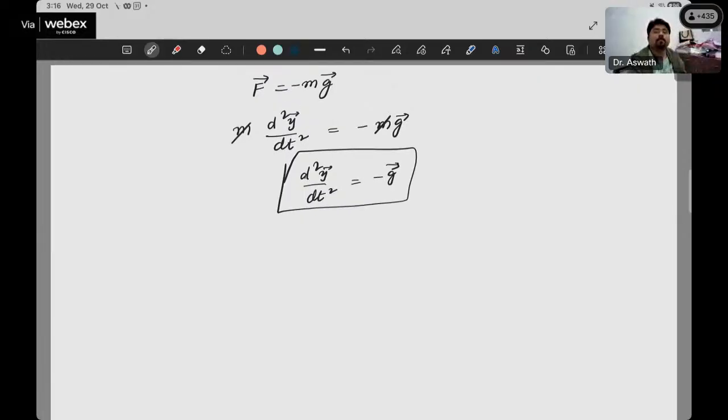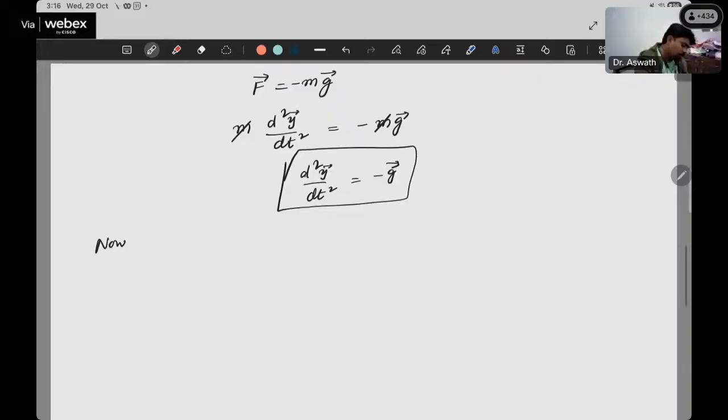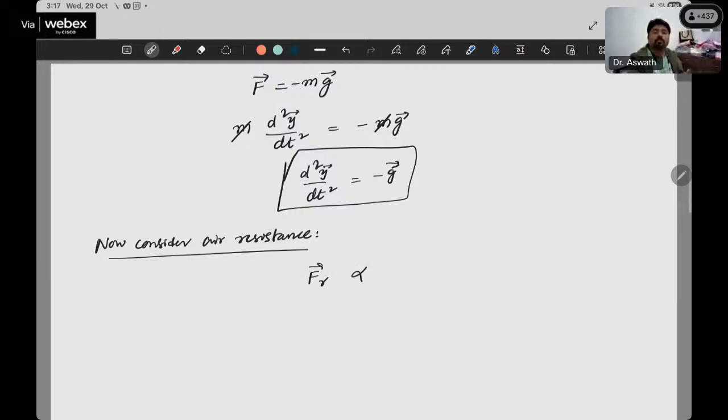Let's take some air resistance exerted on the falling object. So how do I introduce air resistance? I will introduce some kind of frictional force Fr, which usually depends on the velocity of the object, and this always opposes the velocity of the object, in a negative fashion.